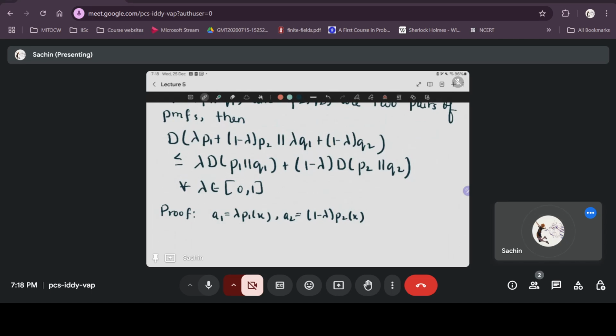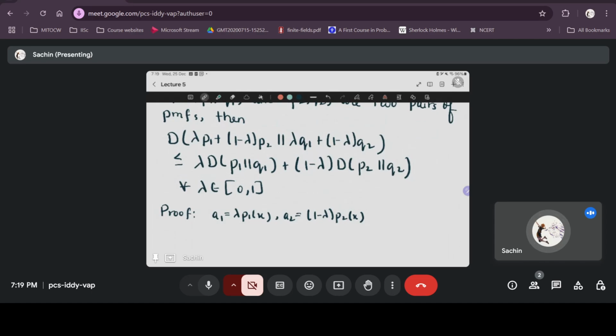So lambda P1 of x plus 1 minus lambda P2 of x is indeed a probability distribution for the random variable capital X if P1 and P2 are probability distributions. Similarly, Q1 and Q2 are probability distributions on random variable X. So lambda Q1 plus 1 minus lambda Q2 is also a probability distribution.